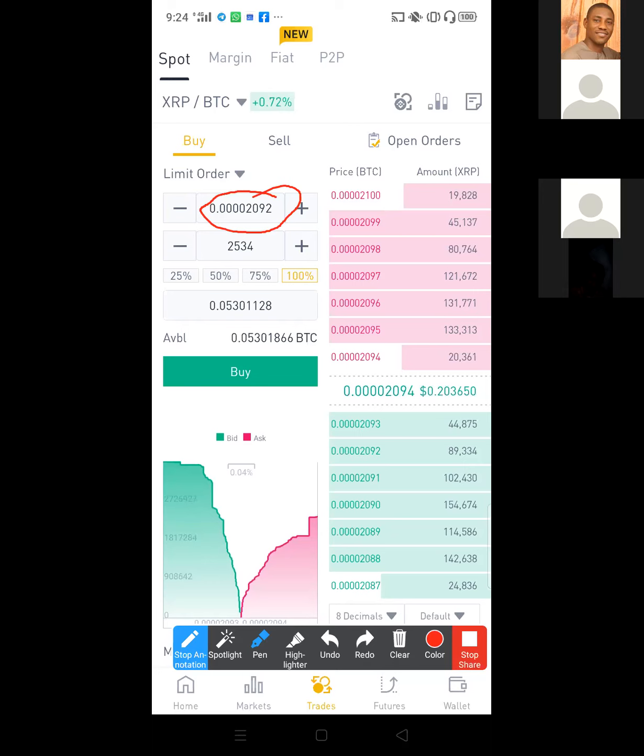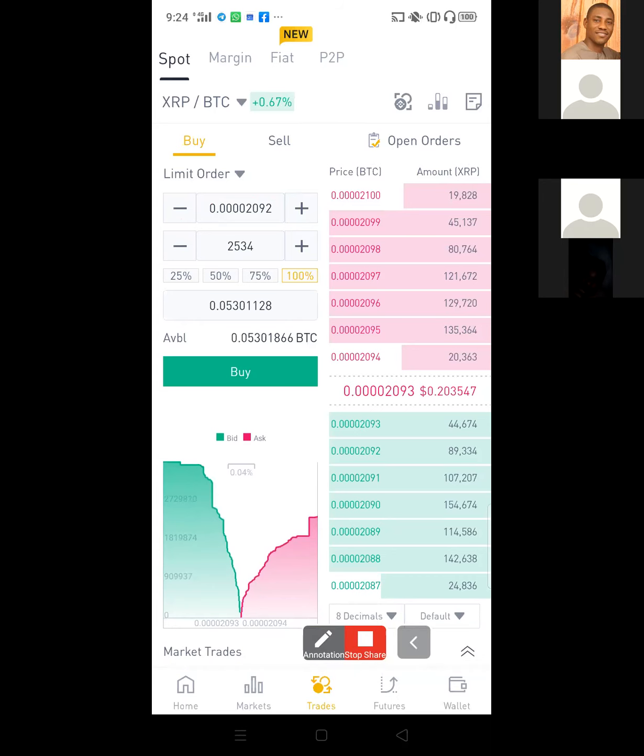So if you take it lower, let me reduce it now to 2,051 Satoshi.